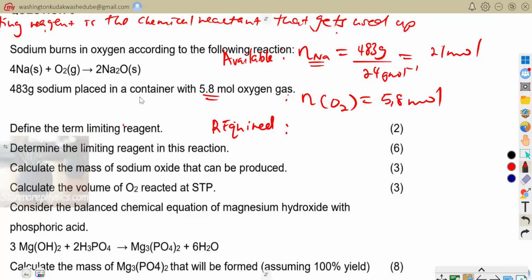So one oxygen requires four sodium moles. So we are saying that one requires 4 of sodium.